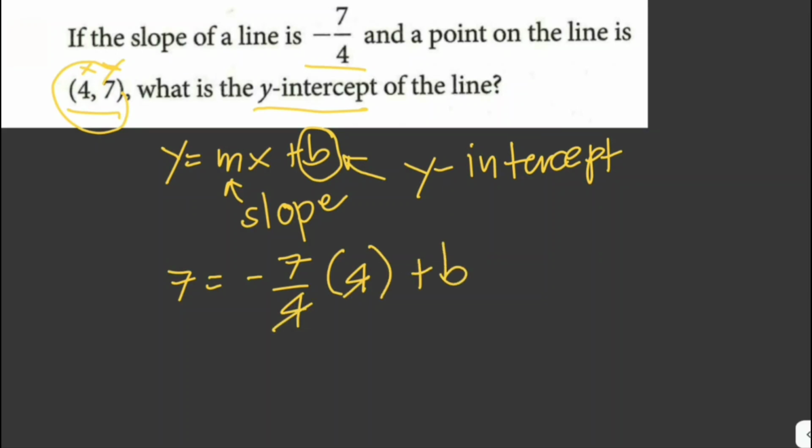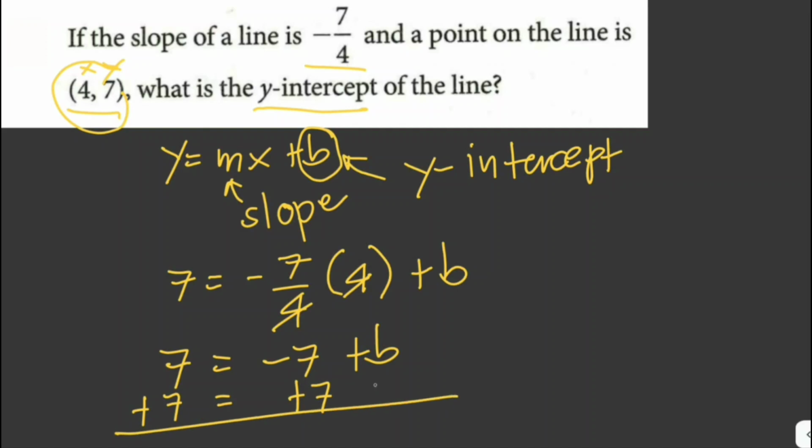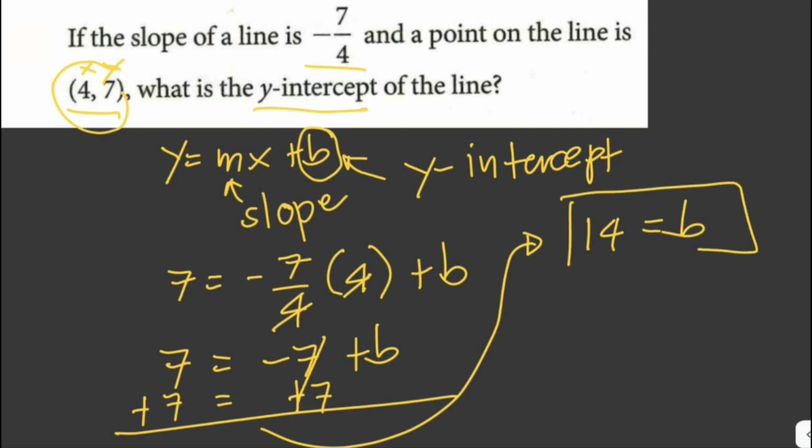So 4 here cancels out. So we have 7 equals negative 7 plus b. And then we add 7 to both sides. This cancels out. So we have 14 equals b. Therefore, the value of our y-intercept is equal to 14.